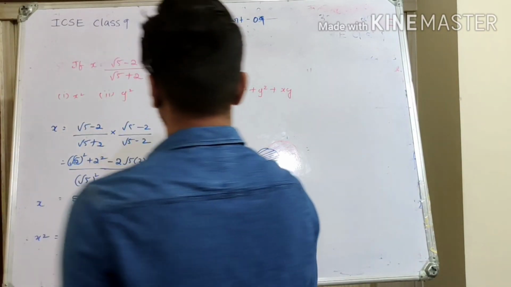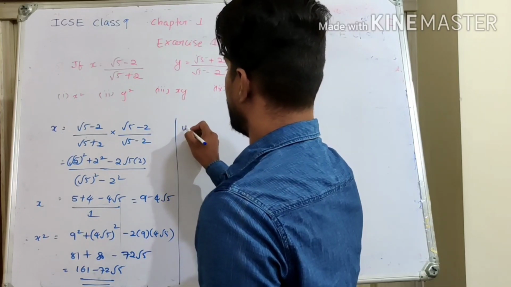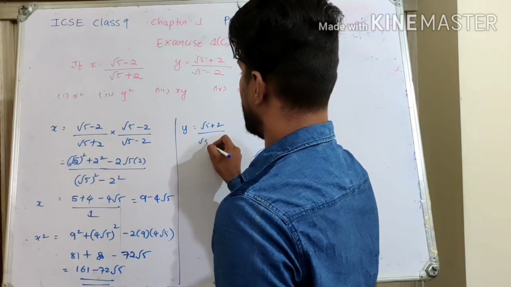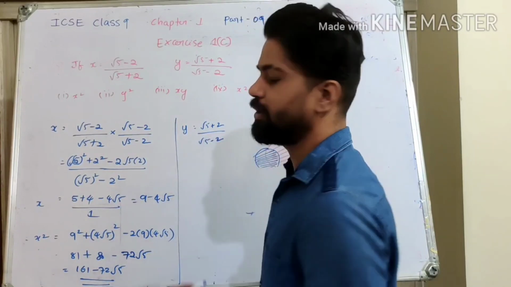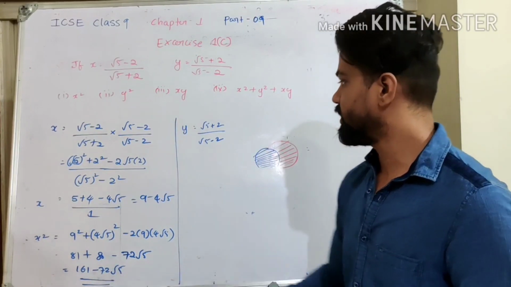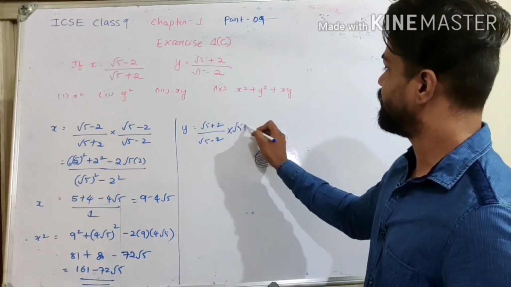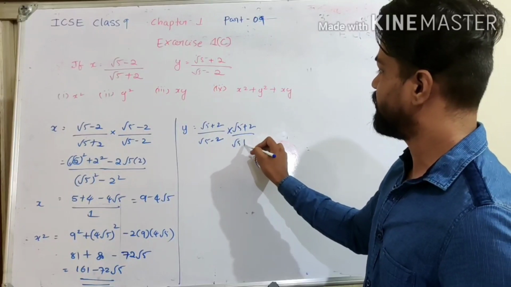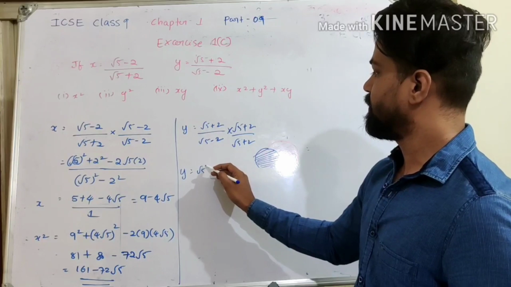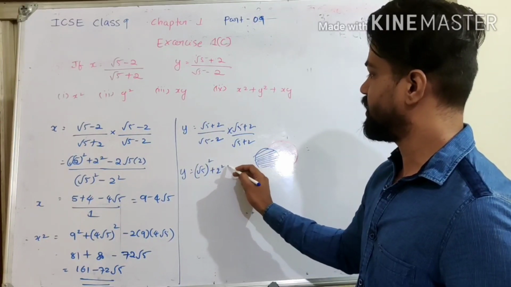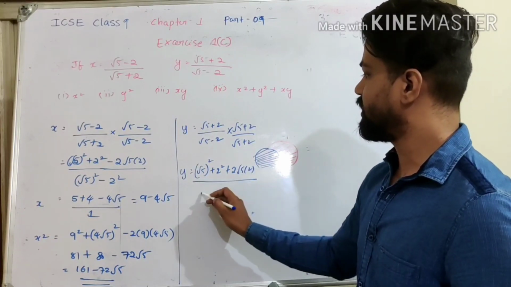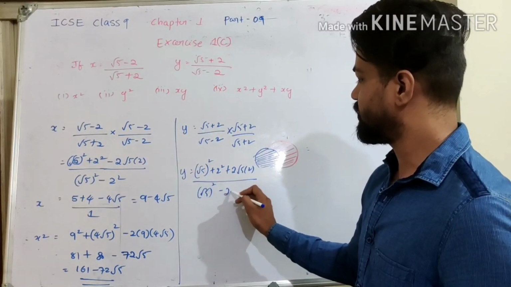Similarly, if I do y, y is root 5 plus 2 by root 5 minus 2. Any guesses what will happen to this? This will end up the same, and in this place it will become plus. Check it. Root 5 plus 2 by root 5 plus 2 will become root 5 whole square plus 2 square plus 2 root 5 into 2 divided by root 5 square minus 2 square.